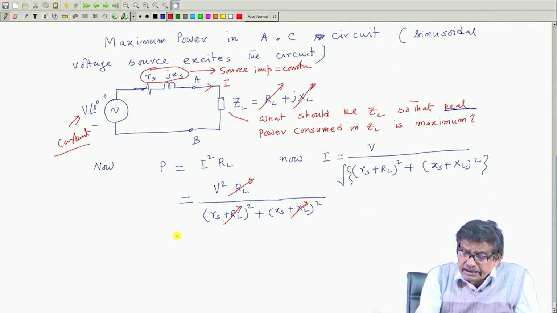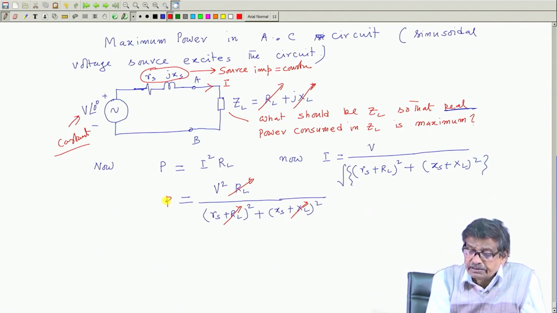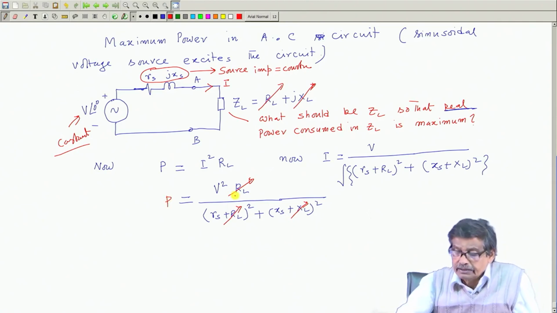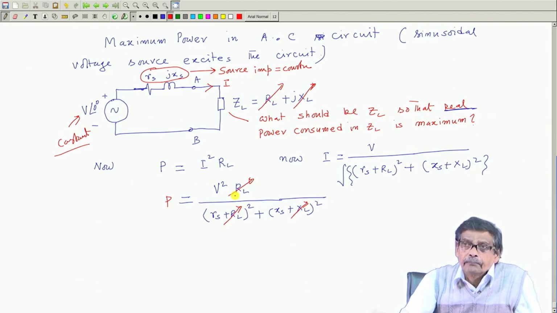Now, it looks like there are two variables here to decide the power, because I will be changing both RL and XL. To deal with this problem most efficiently, try to understand this step.